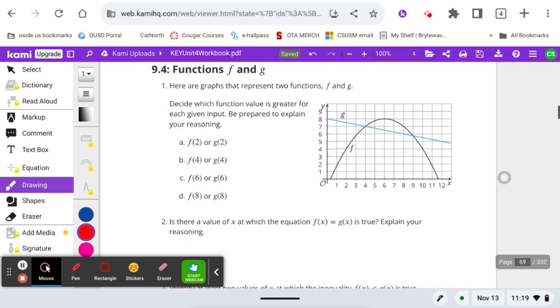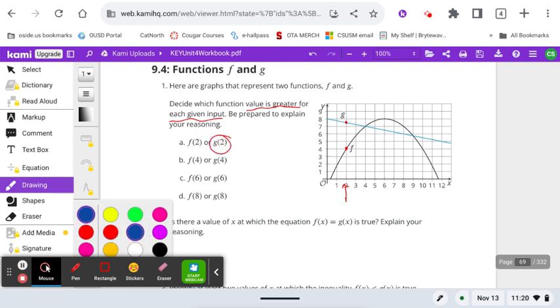Okay, finally, here's some input-output quick questions for you. F of 2 or G of 2, which value of the function is greater? So F of 2 or G of 2, good job. F of 4 or G of 4, neither.